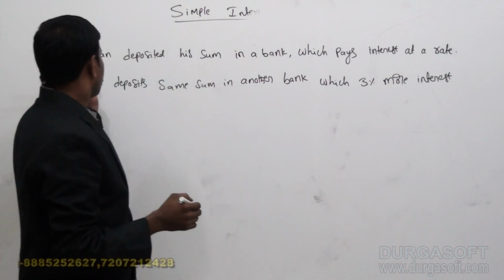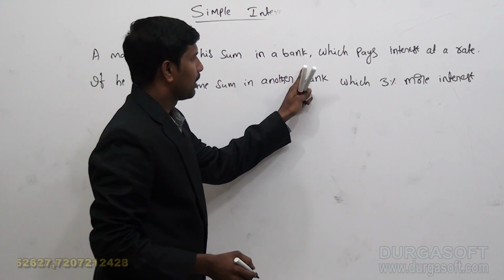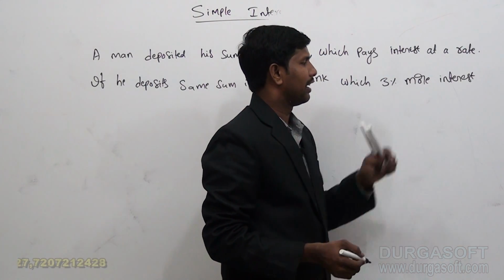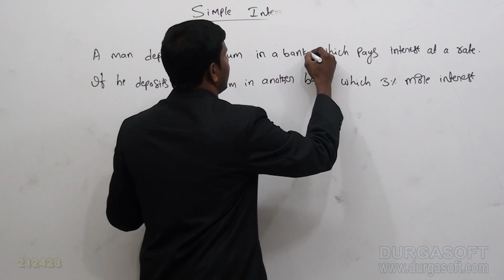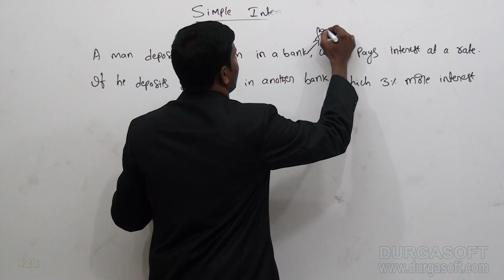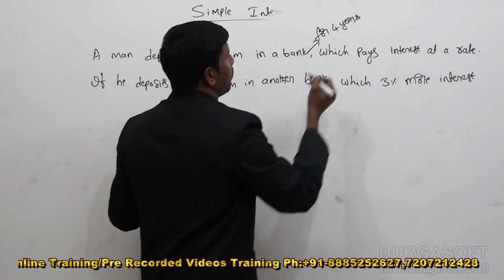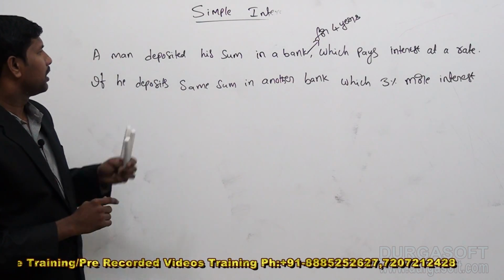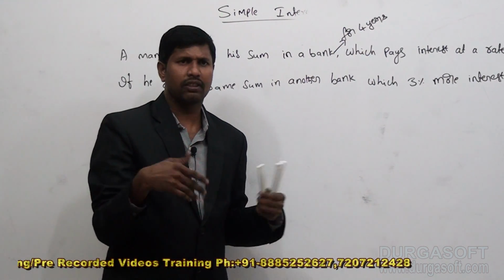Now, so once again, a man deposited his sum in a bank which pays interest at a rate, and he deposited it for 4 years. For what time he deposited? For 4 years. So the man deposited his sum in that bank for 4 years, which pays interest at a rate which is not known.